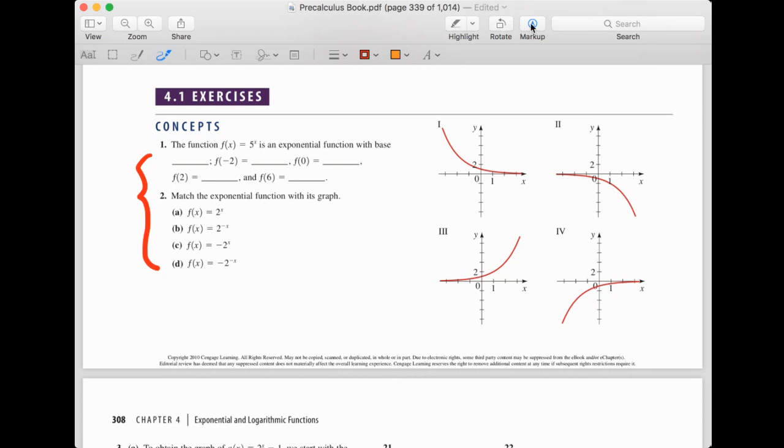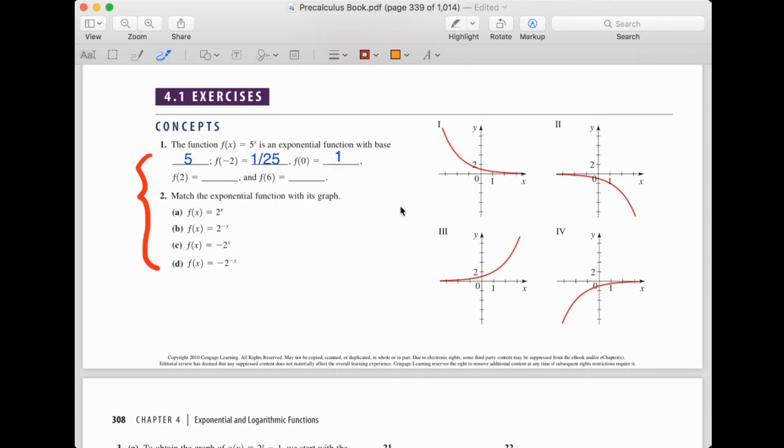So for one, I said that the base is 5. f of negative 2 is 5 to the power negative 2, which is 1 over 25. And then f of 0 is 5 to the power 0, which is 1.